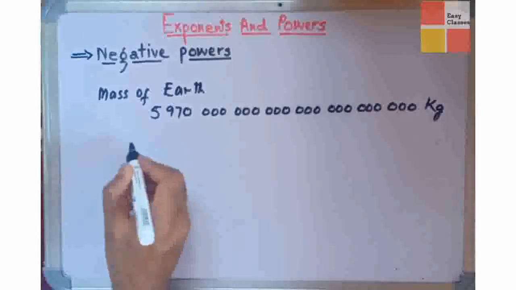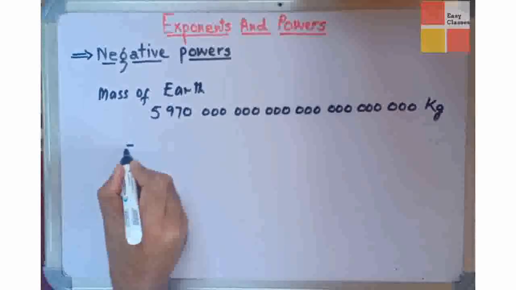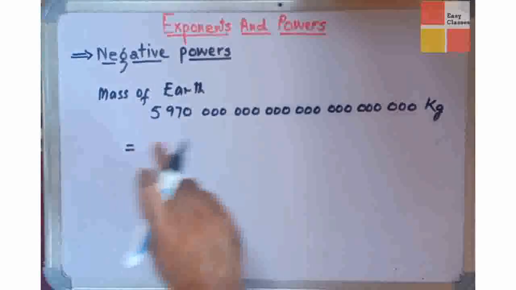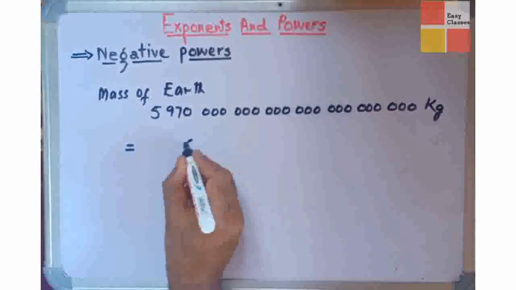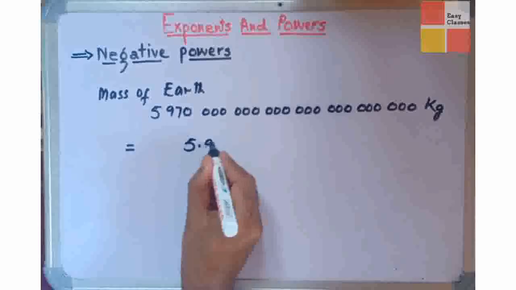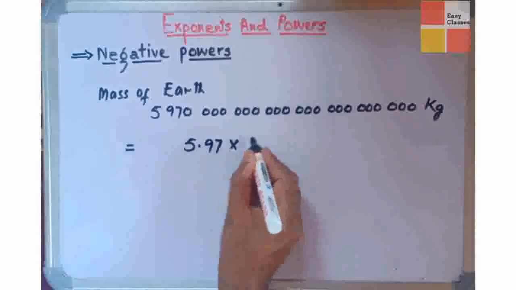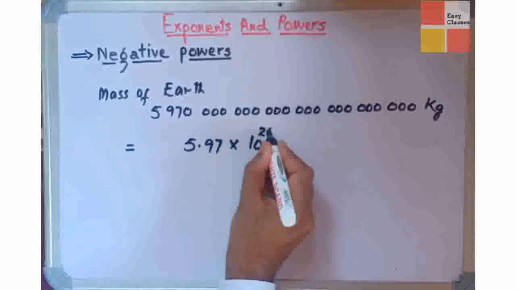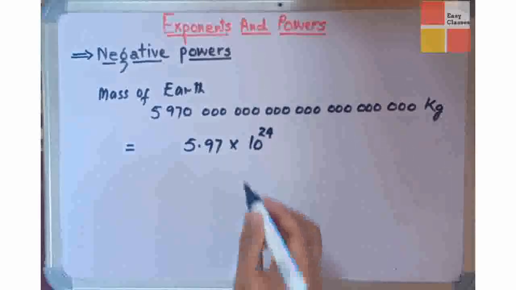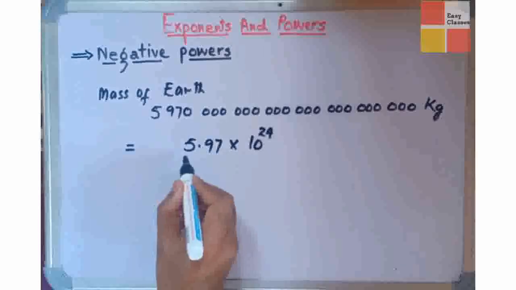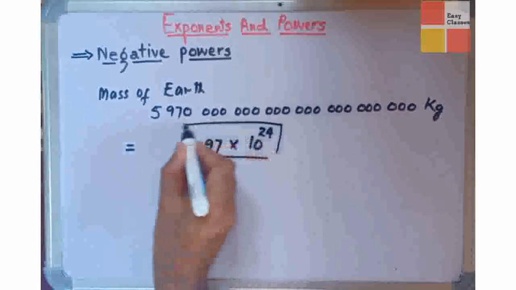Okay, do you know that we can put this number in a simpler form, that is 5.97 into 10 raised to power 24? Okay, do you know how we can do this change?